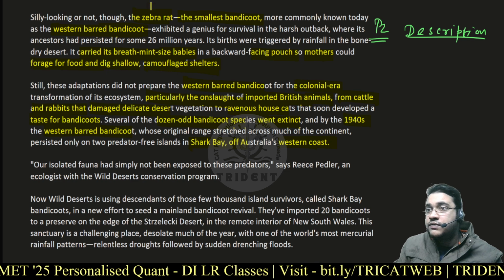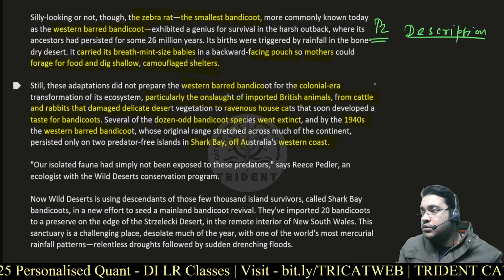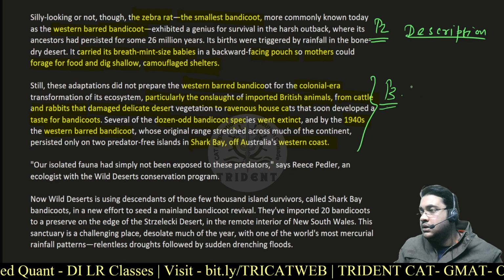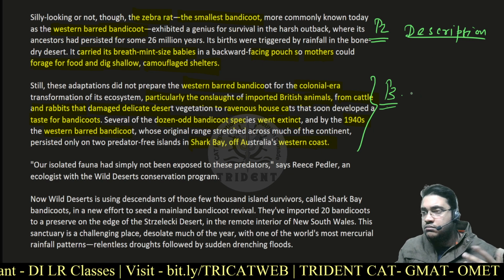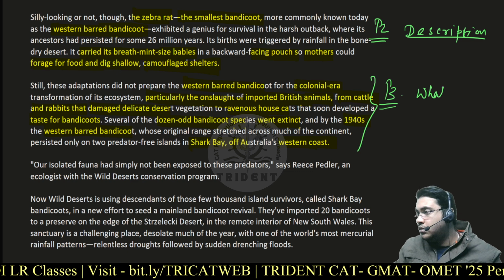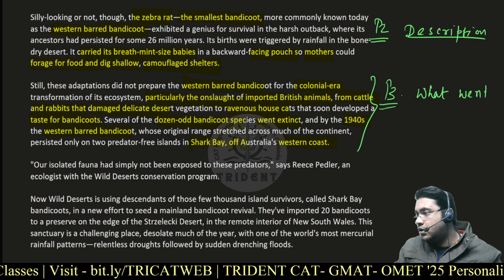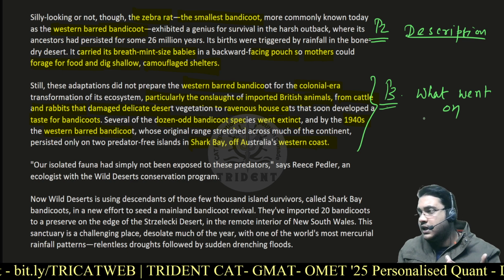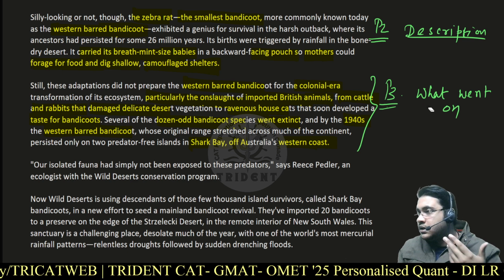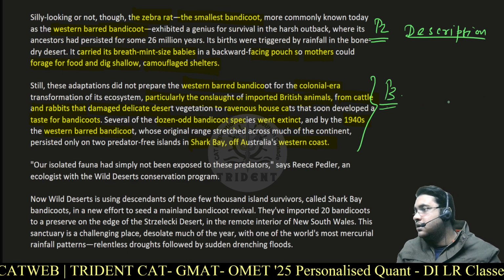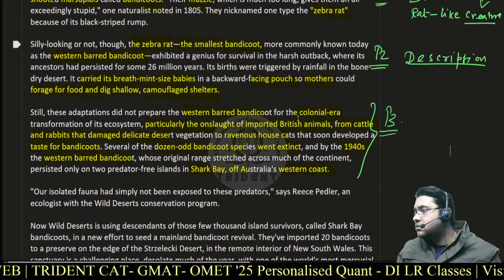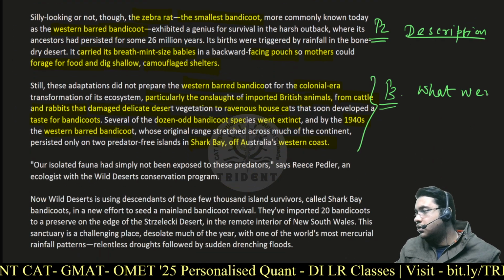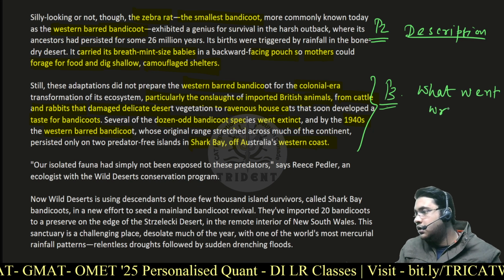So basically, from description, how the passage number 3 is explaining to me what went on, or maybe I can also use a similar word, I could write what went wrong. What went wrong?